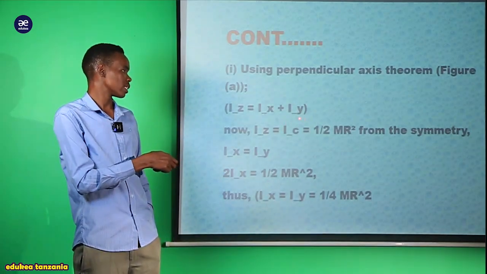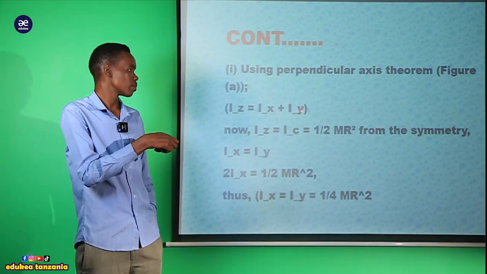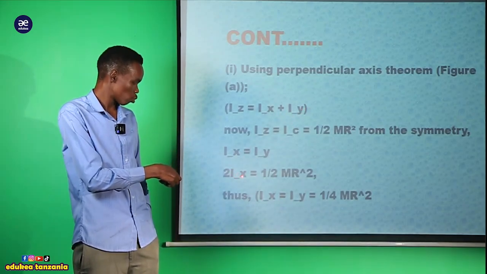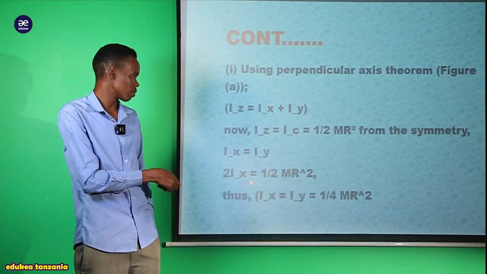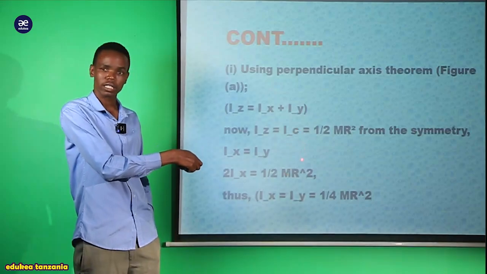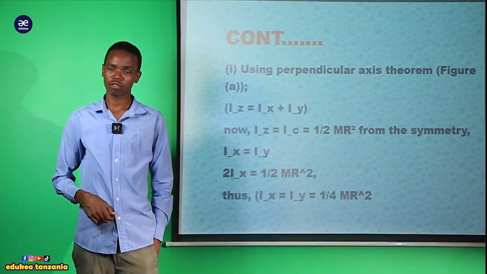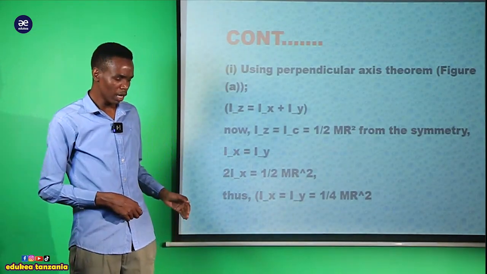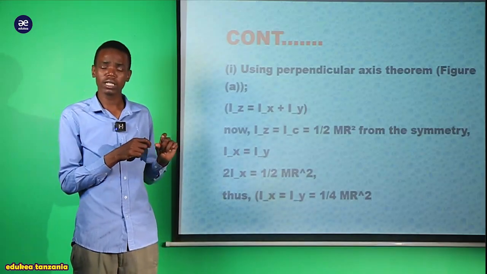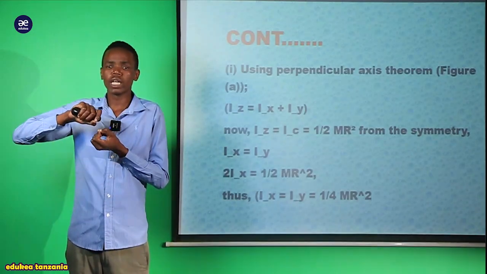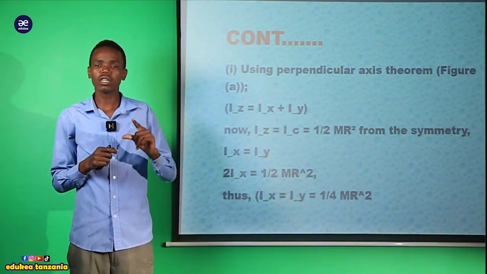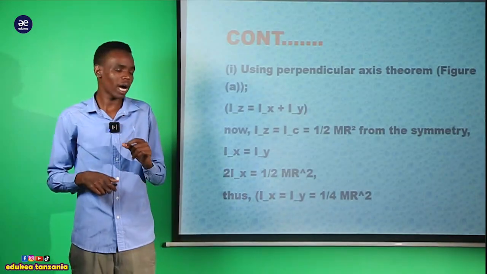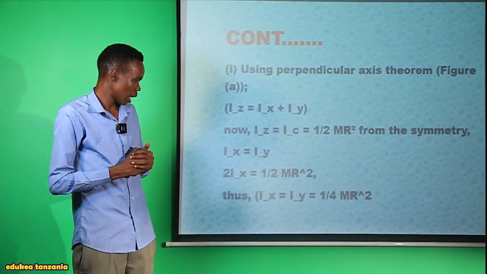Now, we obtain that Ix plus Ix is equal to 2Ix, but Iz is equal to Ic, which is equal to half mr square. So two times the moment of inertia along the x-axis equals half mr square. This will be our formula.